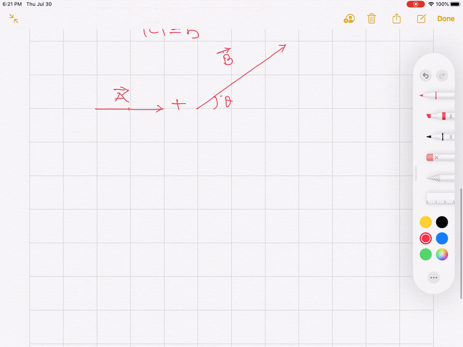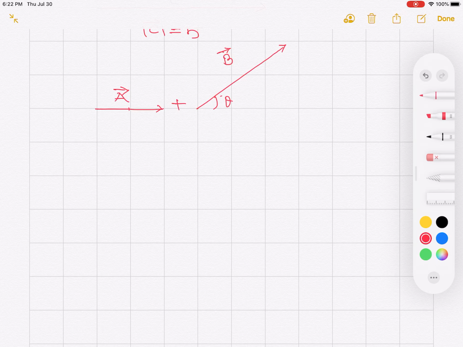Here I'm going to show you two methods. If you have this type of graph, you can add these two vectors graphically.